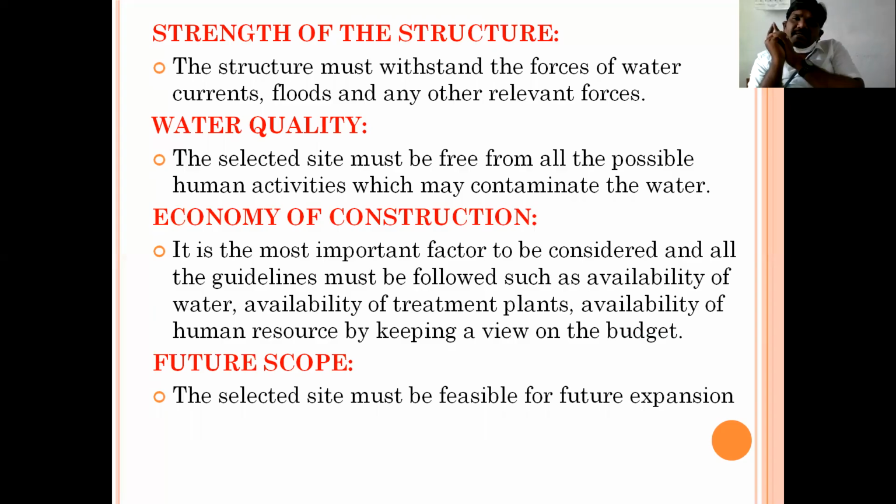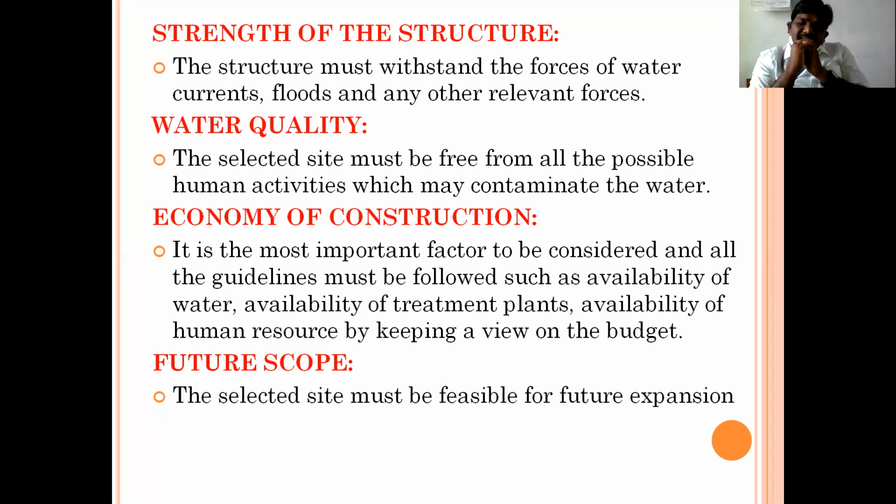Keep in mind, we are discussing the considerations to be taken for constructing intakes. The first one is the working process. The second one is strength of the structure. The third one is water quality. The selected site must be free from all possible human activity.